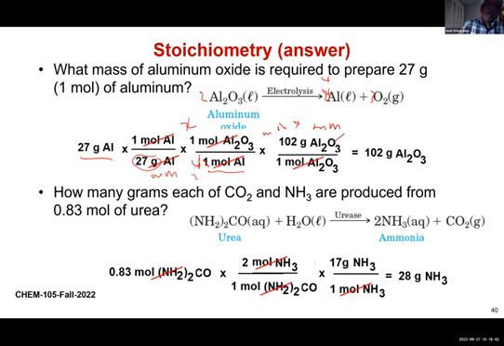Divided by 2, you get 1. This number should be divided by 2. Why? Because there's 1 and 1. This 1 to 4 becomes 1 to 2. This number is divided by 2.